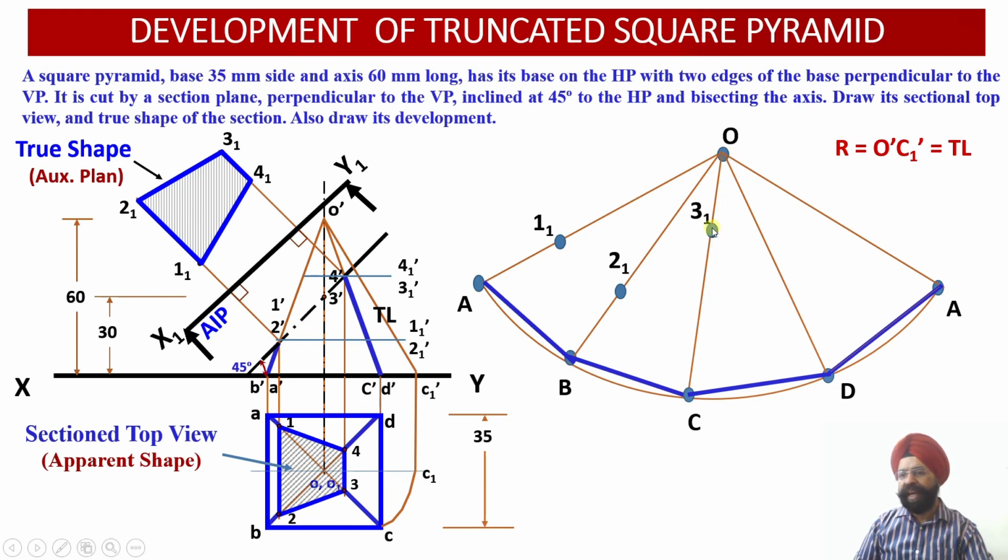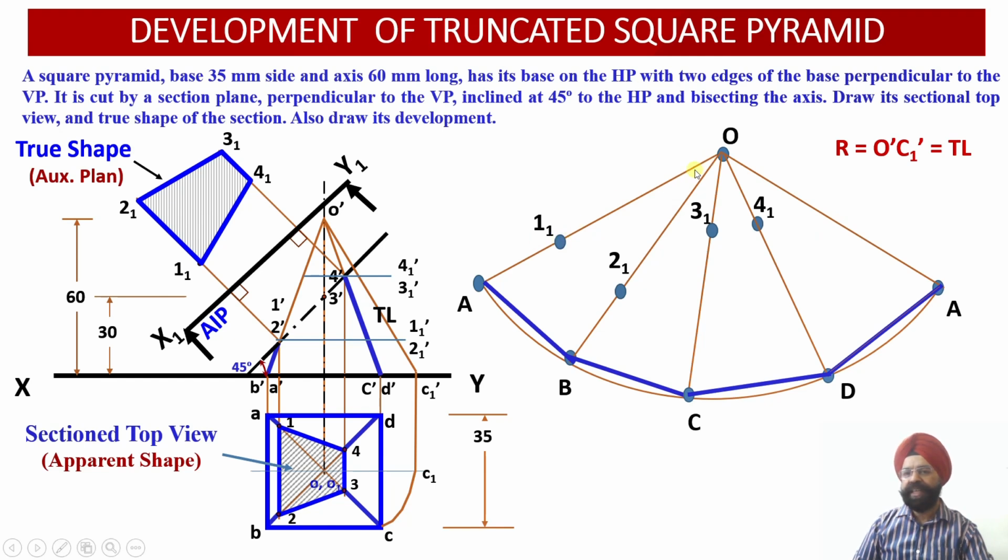O dash 3 1 dash, it is this distance which is same as this distance on the true length. Similarly 4 1 dash is also at the same distance because the distances of 3 1 and 4 1 are the same. So here, corresponding to 3 1, I have marked a point on OC. Corresponding to point 4 1, I have marked a point on the OD projector over here. So finally the last point is again 1.